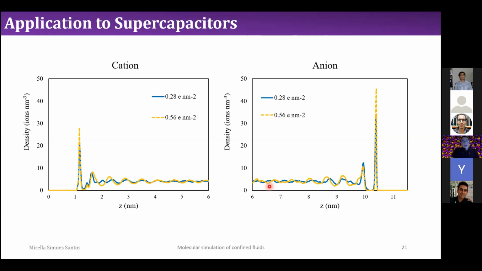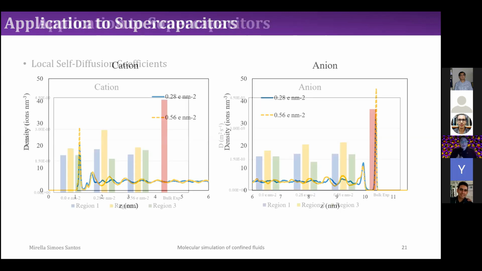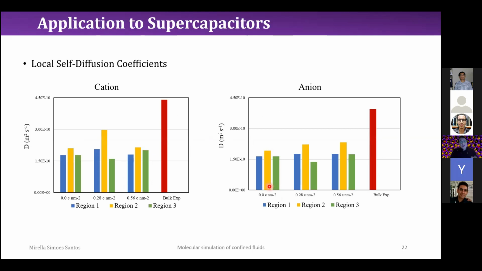And if we calculate the self-diffusion coefficients for the different regions, we again see that in the middle of the pore we have a higher self-diffusion coefficient of the ions, both cation and anion, and a much lower self-diffusion coefficient within the adsorbed layer for both cases.